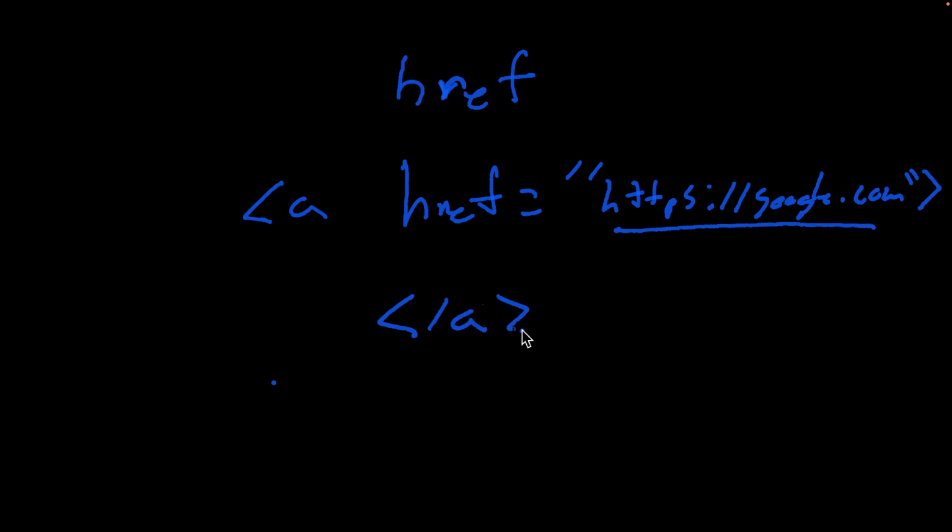Text for the link. Thank you, Spencer. So then in between the opening and the closing, we put the text that we want to be visible, which will be a blue underlined link to the page we're trying to link to.